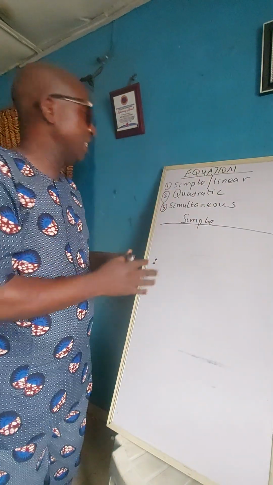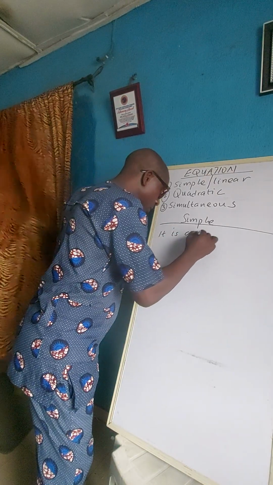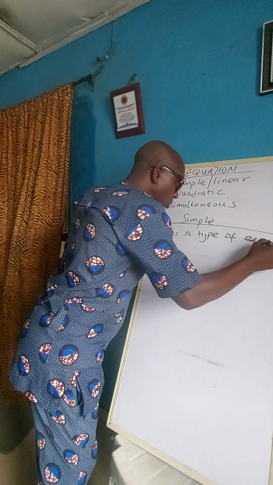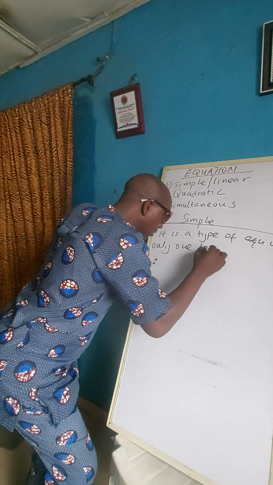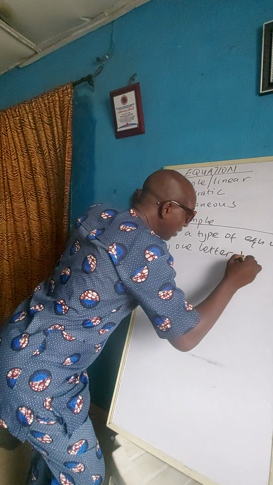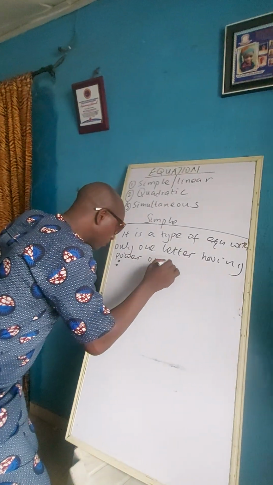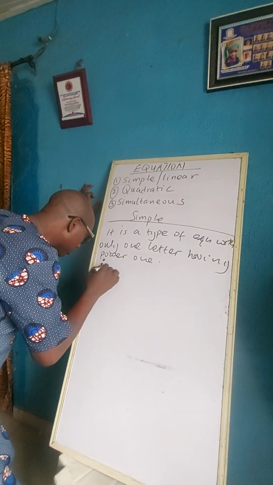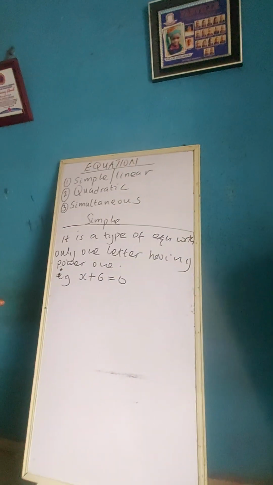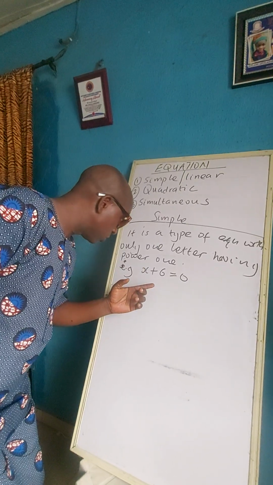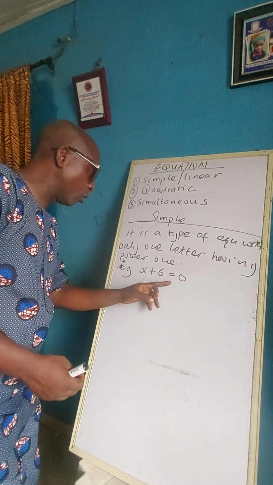For example, x plus 6 equal to 0. x is one letter together with a number. That is why it is called algebra with an equality sign.